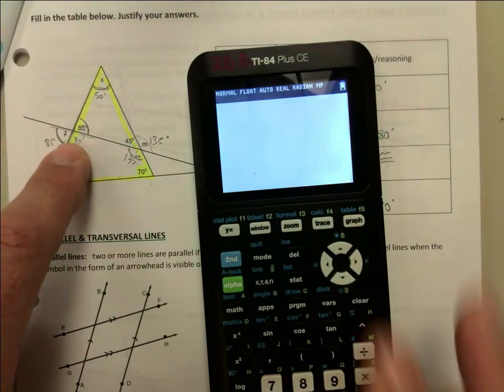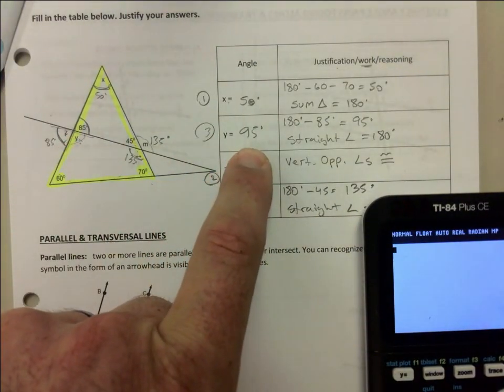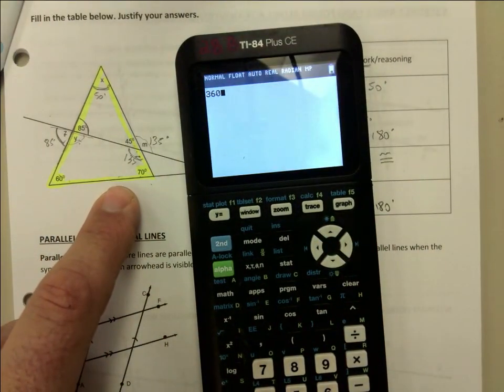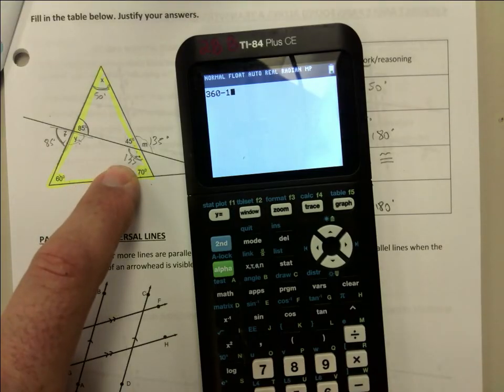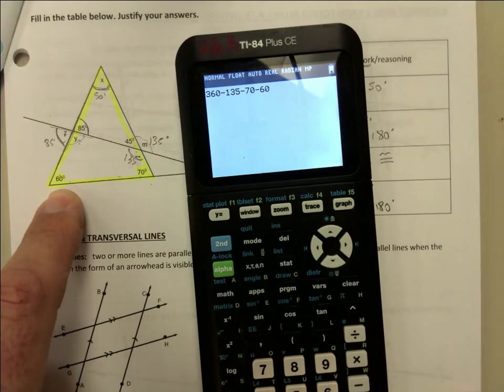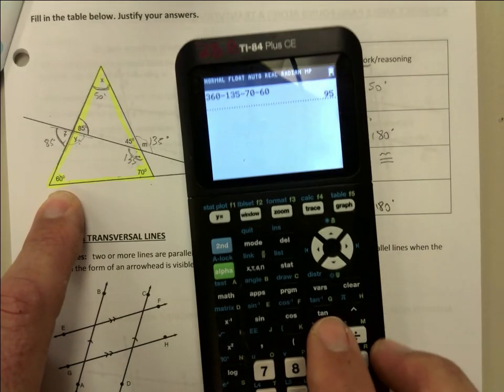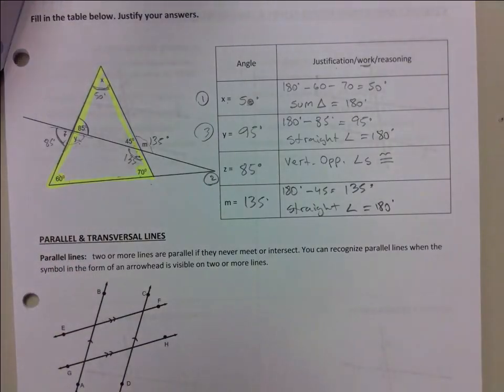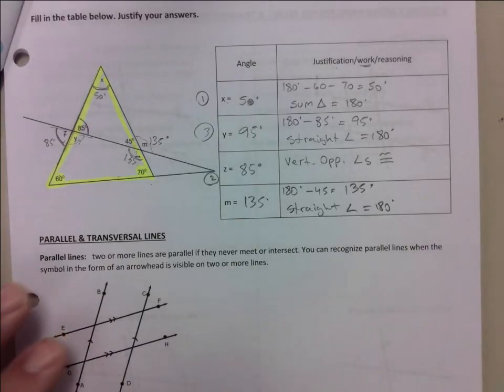So y, we're claiming it's 95 degrees. We use straight angles, but if we were to go 360 minus 135 minus 70 minus 60, I hope it works. Yes, it works. 95 degrees. So I hope you're starting to see the picture that it all should jive.